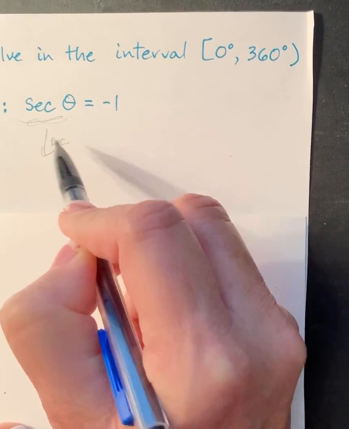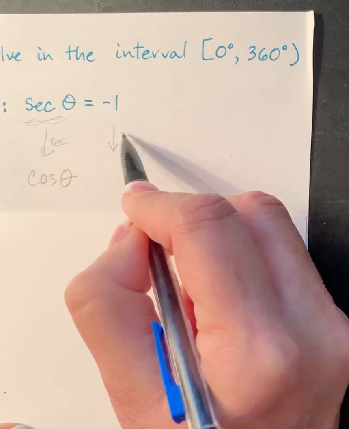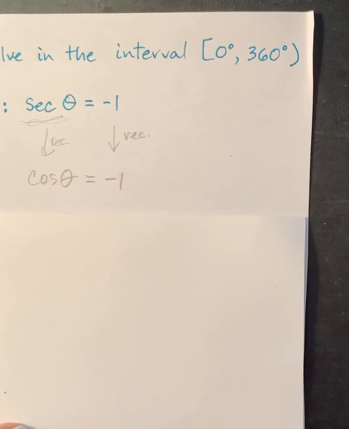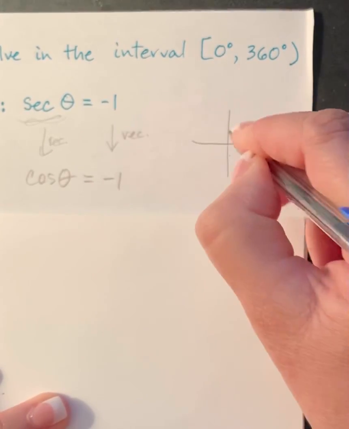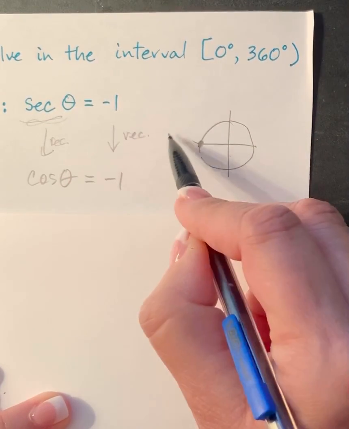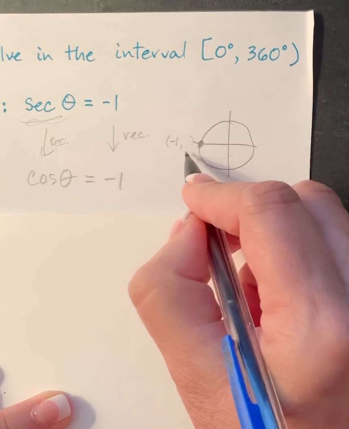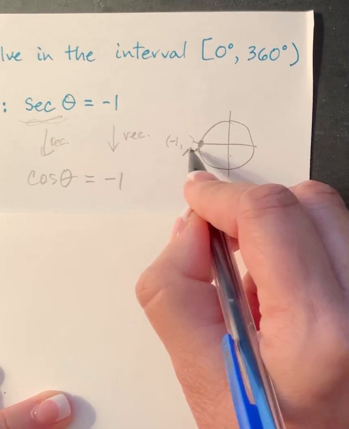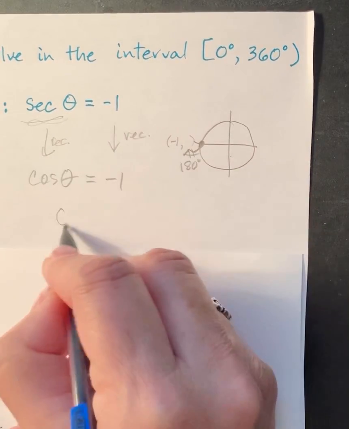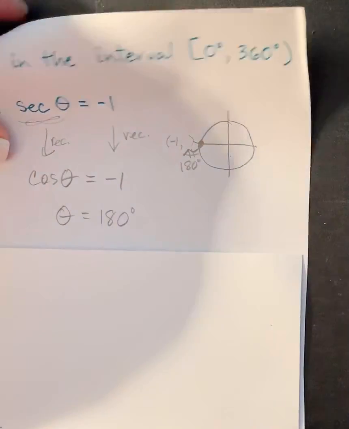If you do the reciprocal of secant, you're talking about the cosine of theta, and then the reciprocal of negative 1 works out to be the same number, negative 1. Where is the cosine equal to negative 1? That's at the far left. The point there, the x coordinate is negative 1. And so that angle is, well, I was going to say pi, but we're doing degrees. So we're going to call that 180 degrees. That would be the answer to this one, 180 degrees.